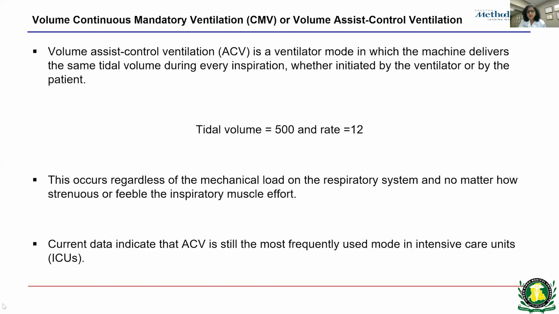So this occurs regardless of the mechanical load on the respiratory system and no matter how strenuous or feeble the inspiratory muscle effort is. And current data actually indicates that this is the most frequently used mode in intensive care units.